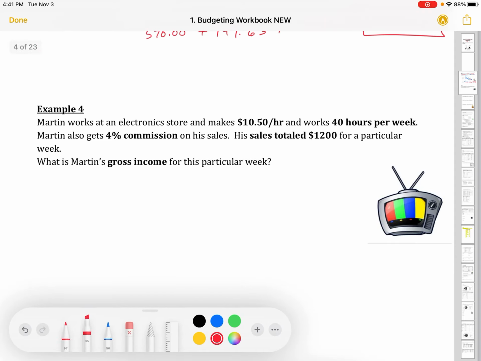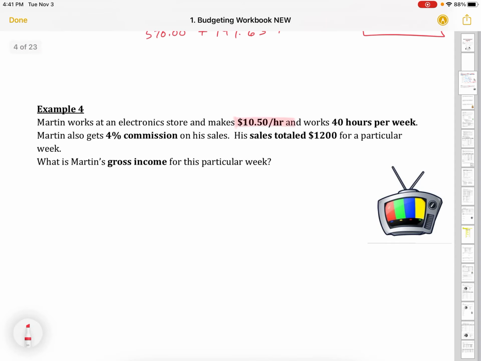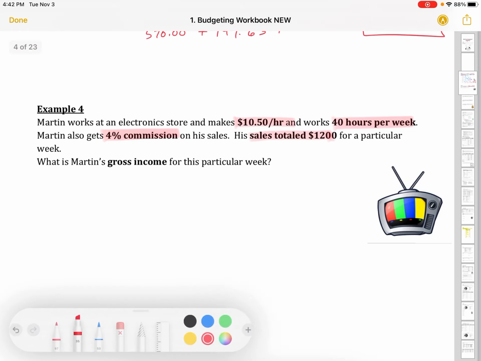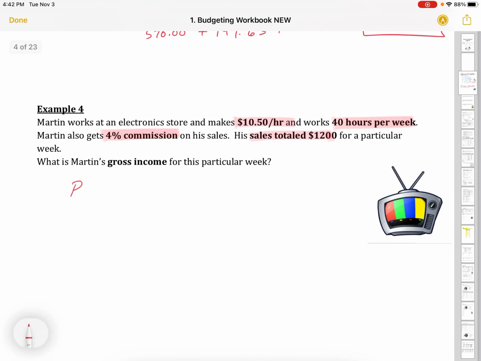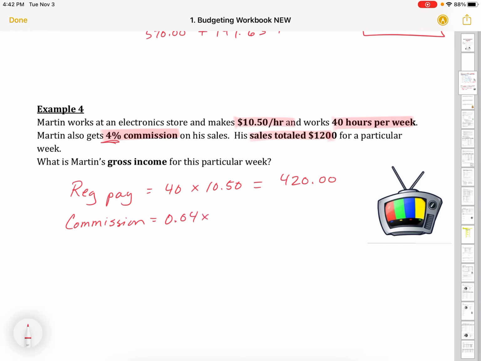Okay? Alrighty. Now, last example. This one's dealing with commission. Martin works at an electronics store, makes $10.50 an hour, and works 40 hours per week. He also gets a 4% commission. His sales totaled $1,200 for a particular week. What's his gross income? First, his regular pay is 40 times his hourly rate, which is $420 when you multiply those. Now his commission, you have to change your percent to decimal, so 0.04 times the 1,200 equals $48.